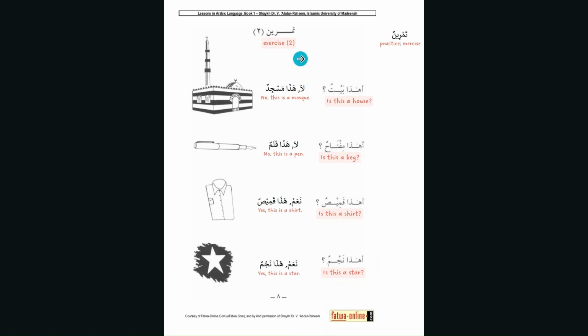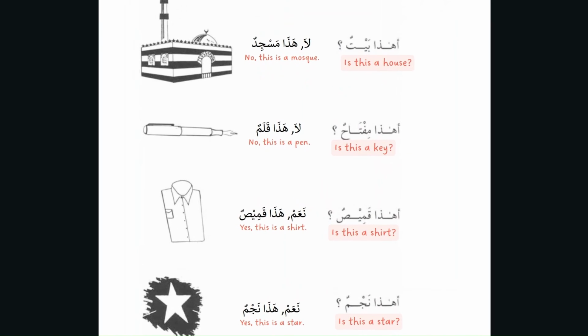Exercise 2. Ahadha baytun? Is this a house? La. Hadha masjidun. No, this is a mosque. Ahadha miftahun? Is this a key? La. Hadha qalamun. No, this is a pen.